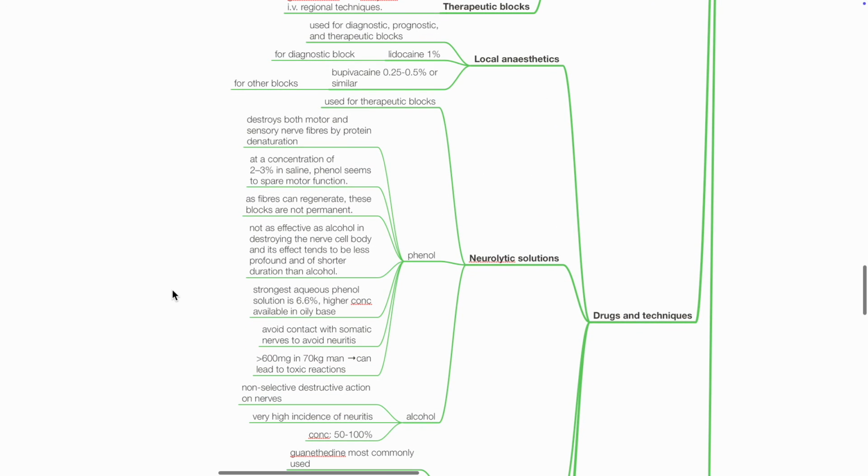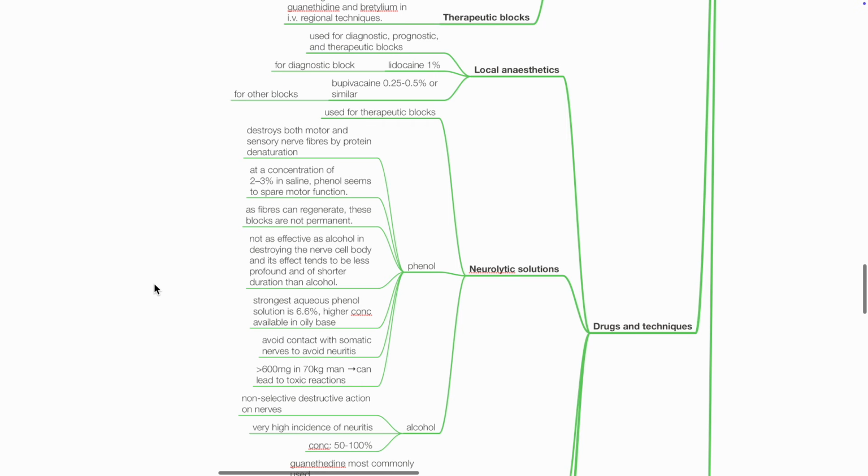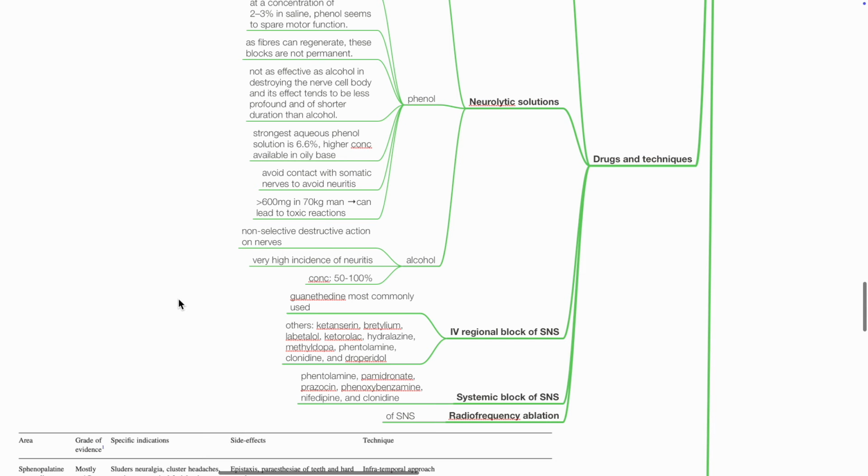Drugs and techniques. LA may be used for diagnostic, prognostic, and therapeutic blocks. Lidocaine 1% is used for diagnostic block, bupivacaine 0.25 to 0.5% or similar for other blocks. Neurolytic solutions are used for therapeutic blocks. Options include phenol and alcohol. Drugs used for IV regional block of sympathetic nervous system include guanidine, which is most commonly used.